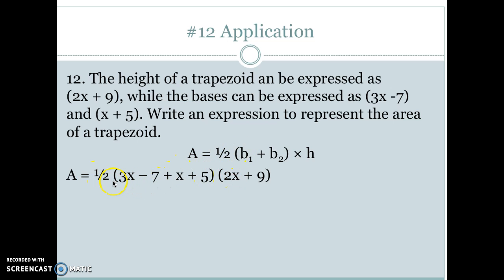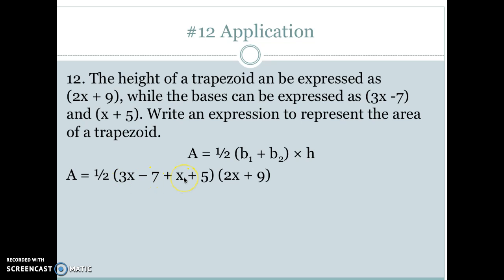So we have our 1/2 still, and our base 1 is 3x minus 7, so we put that in. And then plus our second base, which is x plus 5, so we put that in. And then our height, from the problem, is 2x plus 9, so that's multiplied. Now we work inside our parentheses.